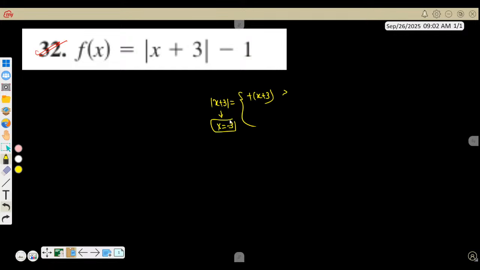So from -3 to infinity, the function is increasing, including -3, and from -infinity to -3, the function is decreasing. You got it? Yeah. Are you sure? Yeah, got it.